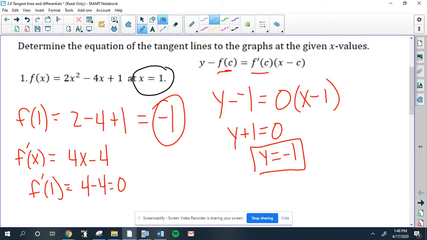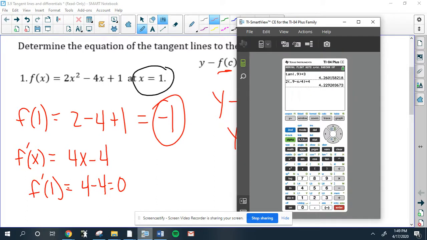Now I want to show you how to check your answer on the calculator. We did this before, but it's a little bit different than things you've been doing on the calculator. You're going to have to graph this. So go to y equals, and you can go 2x squared minus 4x plus 1, graph.